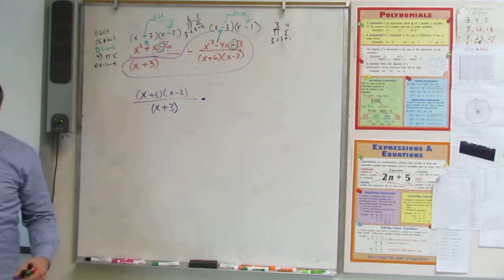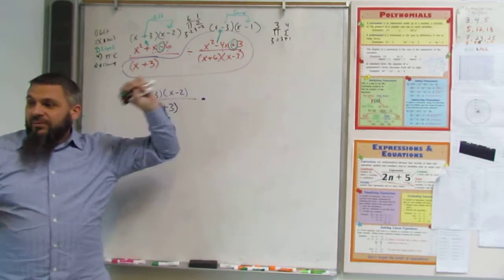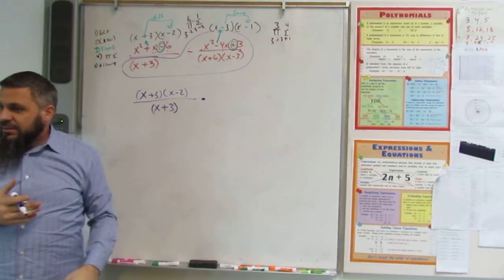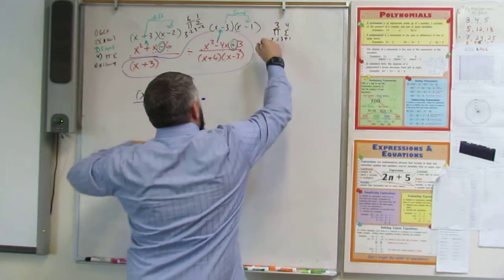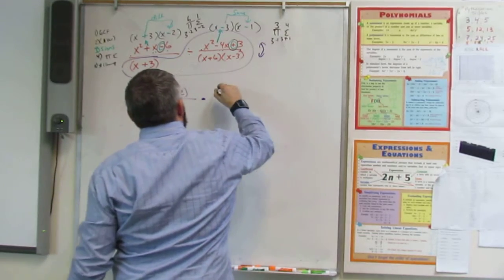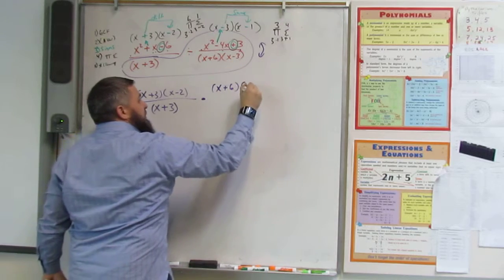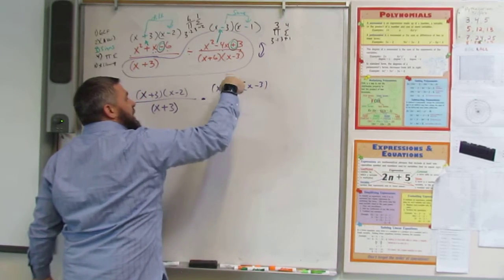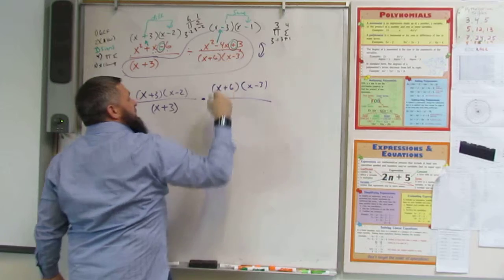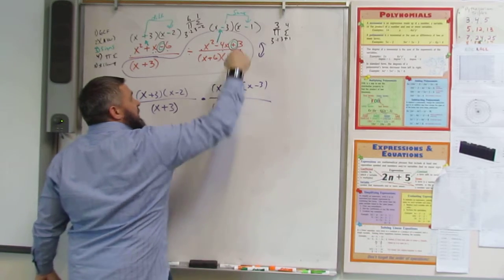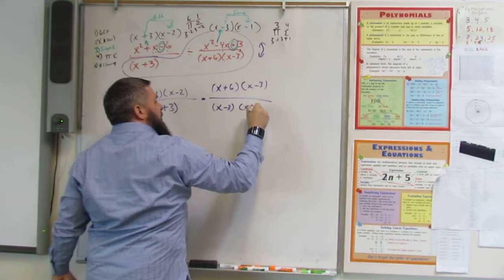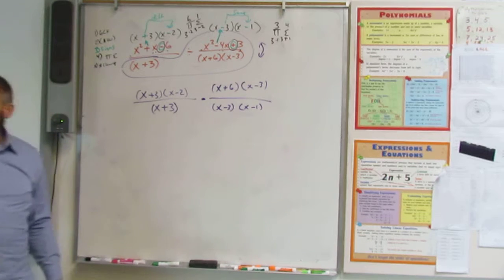Because when we divide a fraction, we flip it and multiply it. So I'm going to flip this, so that I have x plus 6 and x minus 3 on the top, and this x minus 3 and x minus 1 on the bottom.